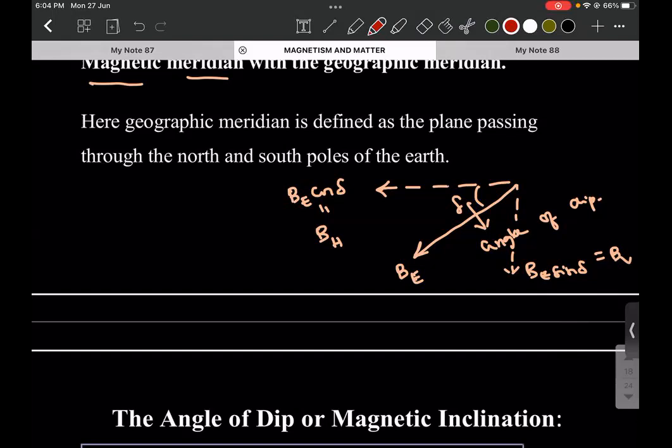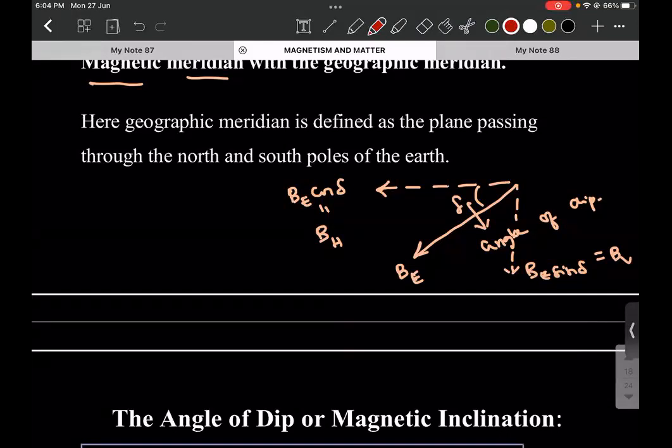So the third type of Earth's magnetic element that we are going to discuss is the horizontal component of Earth's magnetic field. For you to define the horizontal component, what are the two important parameters that you need? Look at the mathematical expression. You need BE, the Earth's magnetic field, and you need delta, that is the angle of dip. When you have these two parameters, you can define the horizontal component.